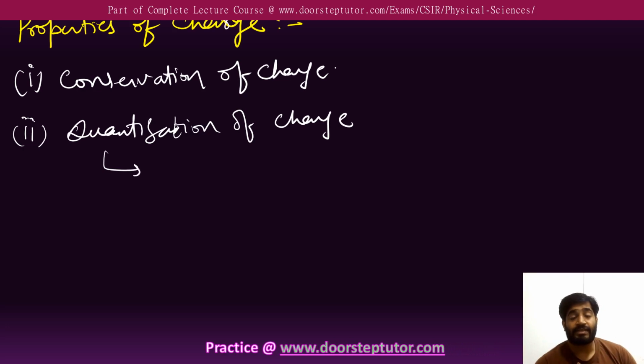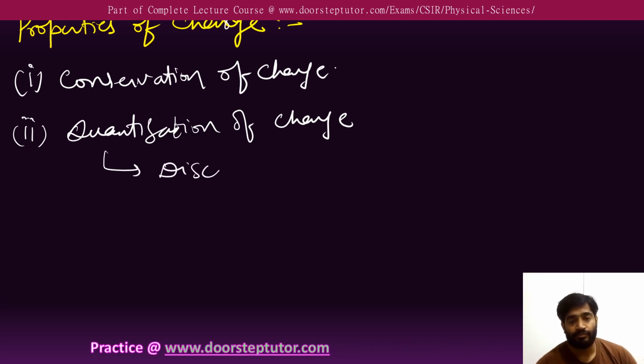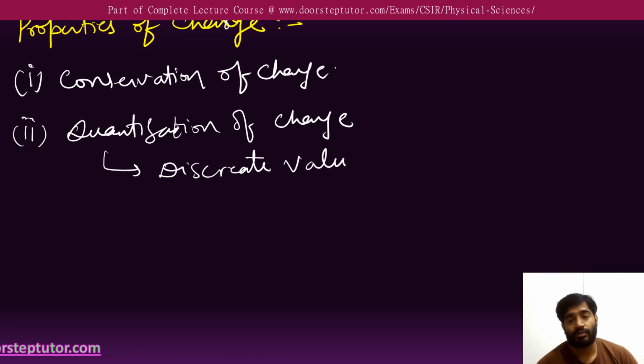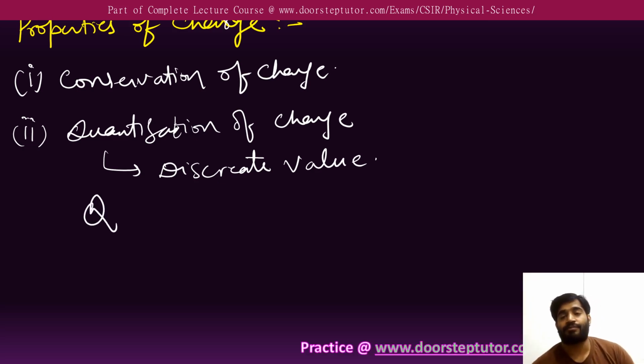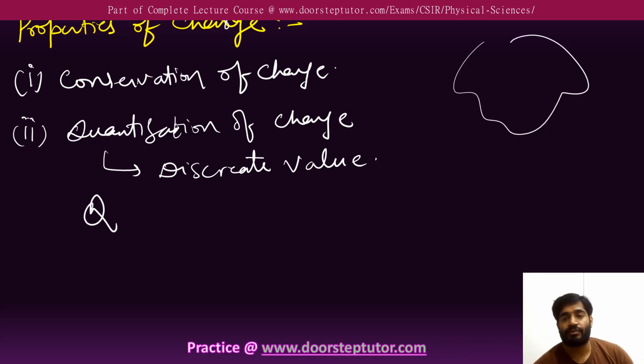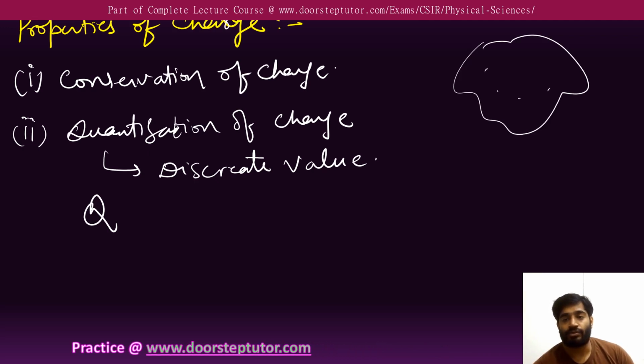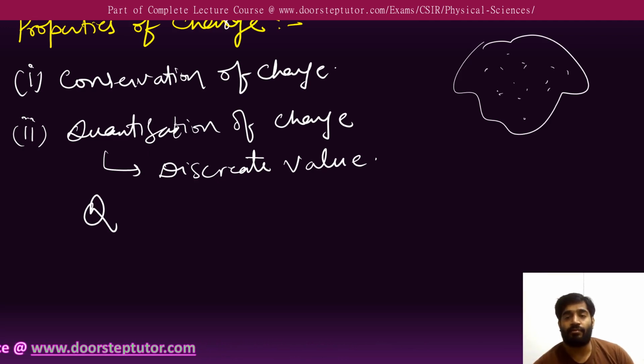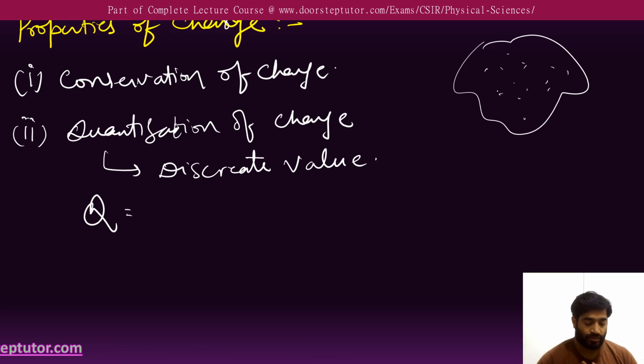Quantization. What does it mean? It means charge has some discrete value, not a continuous value. Simply put, charge is not breakable, meaning it is always an integer multiple. For example, a certain body has 1, 2, 3, 4, 5, 6, 7 or n number of electrons, so the total charge will be Ne.